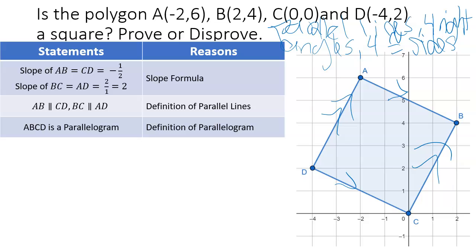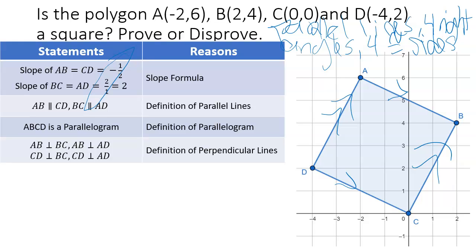I do know my slopes are opposite reciprocals. Notice if I write them like this, negative 1/2 and 2 over 1, opposite fractions, opposite signs. So I can say AB is perpendicular to BC, AB is perpendicular to AD, CD is perpendicular to BC, CD is perpendicular to AD, and my reason is perpendicular lines. So I'm going to go draw on my shape to remember this.